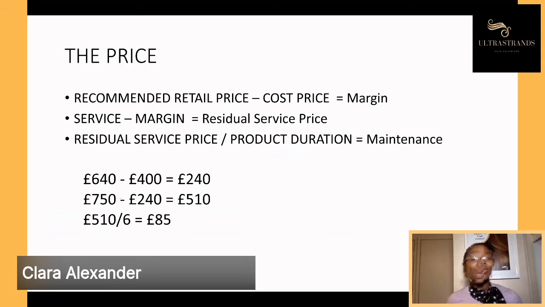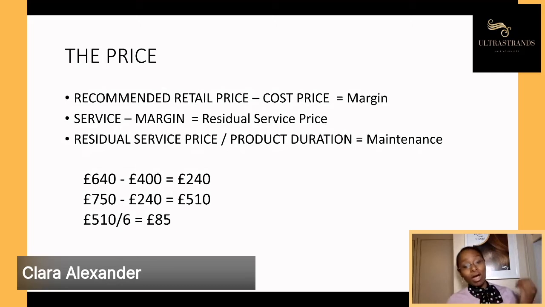So if I use the example of Ultrastrand, so we all know like a 5x7, which is the express, recommended retail price is £640. So we've gone out and we've looked at the product, we've benchmarked it against other products, the value that it provides to the customer, and all sorts of different things. We've come to a price figure where we say recommended retail price. So if you want to go out and sell the product, it should be for £640.